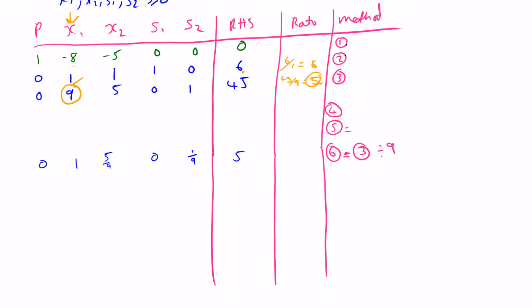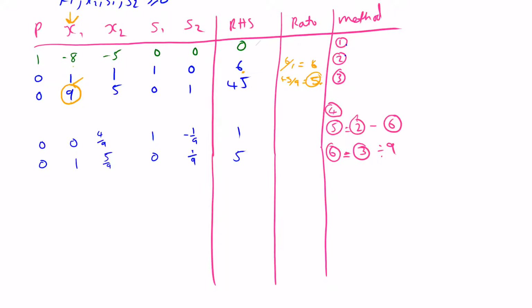What we want to do is take column 2 and take away row 2, and take away row 6. That gives us 0 minus 0 is equal to 0, 1 minus 1 is 0, 1 minus 5 ninths is 4 ninths, 1 minus 0 is 1, 0 minus a ninth is 1 ninth, and then 6 minus 5 is 1.